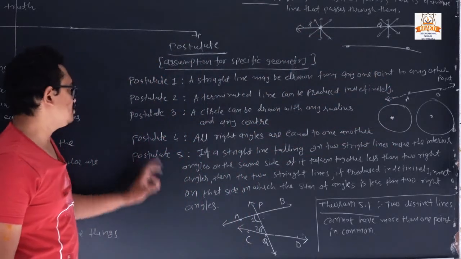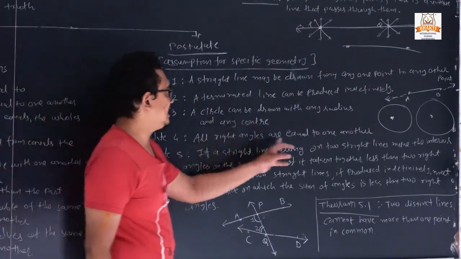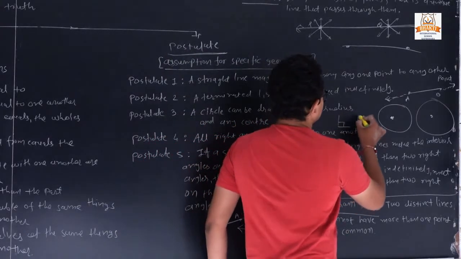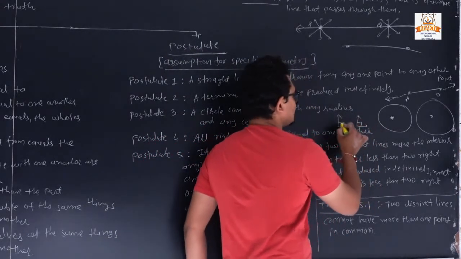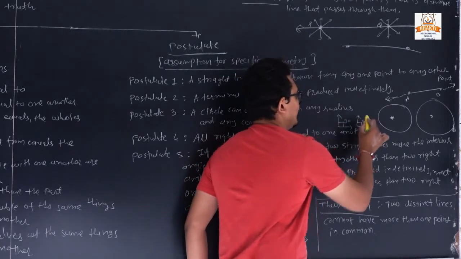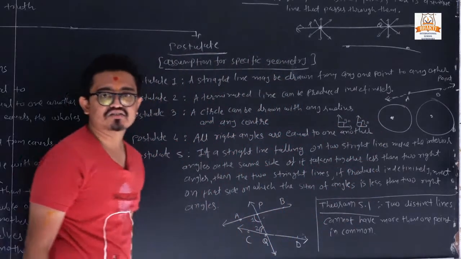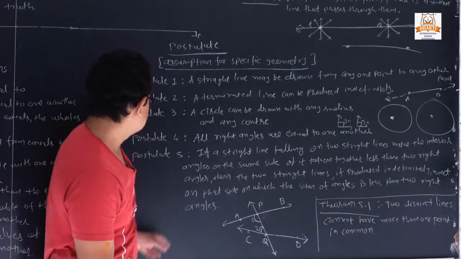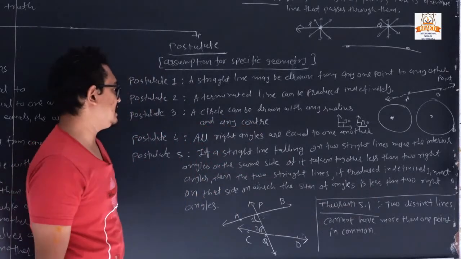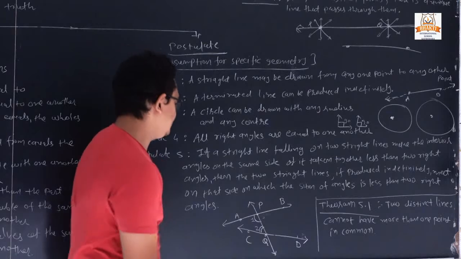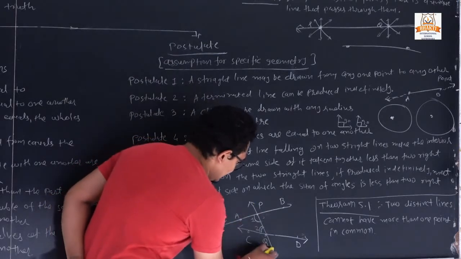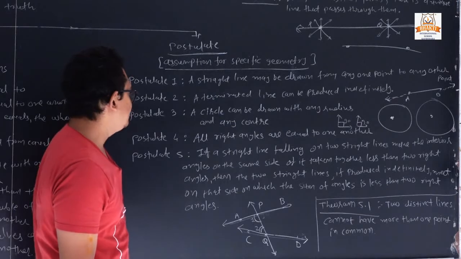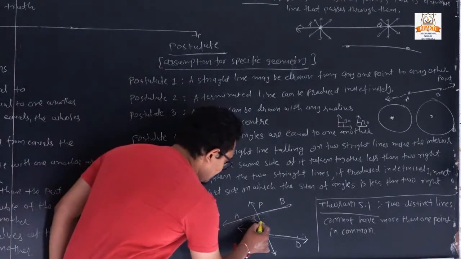Postulate 4, all right angles are equal to one another. So if we are taking right angles, both are equal to each other because a right angle is always 90 degrees. Clear? So if we have 5 right angles, it means what? All are the same. Now last, a straight line falling on 2 straight lines. See that this is a straight line which is falling on another line. It makes the interior angles. See that. So these are called interior angles.